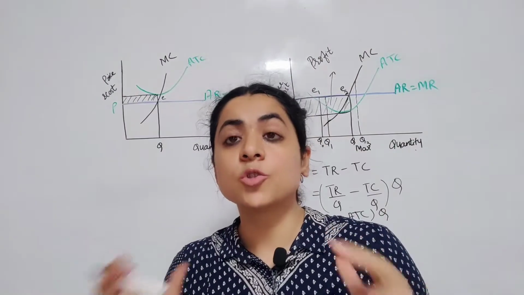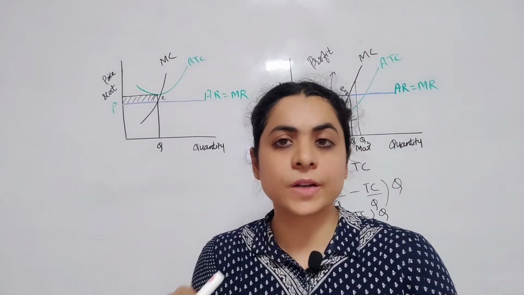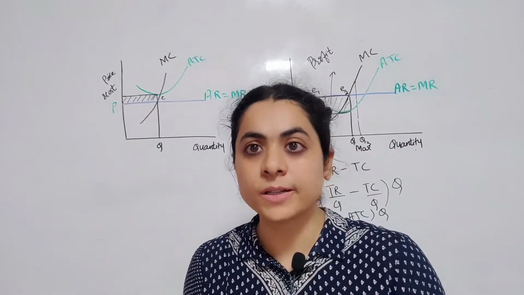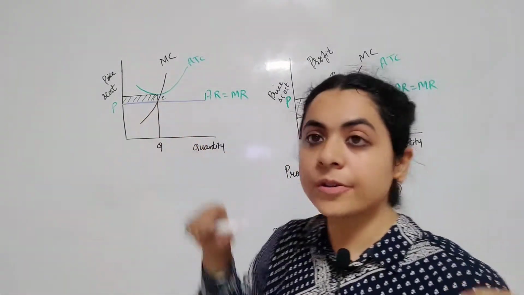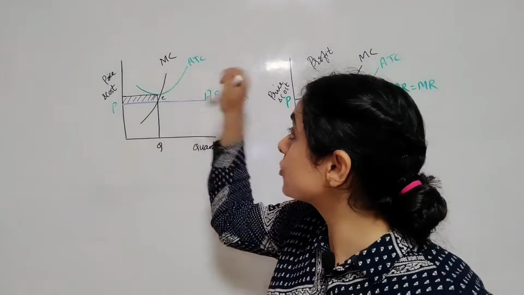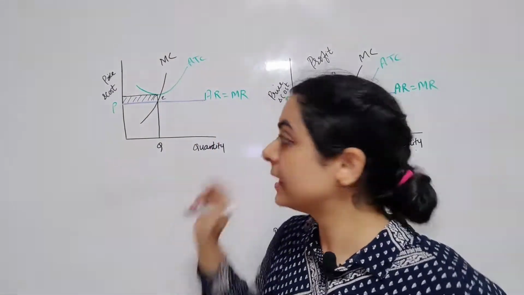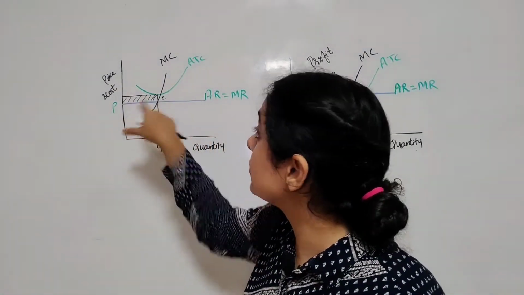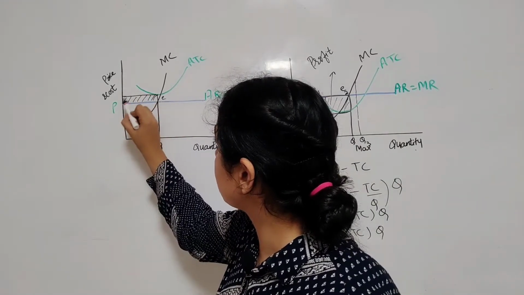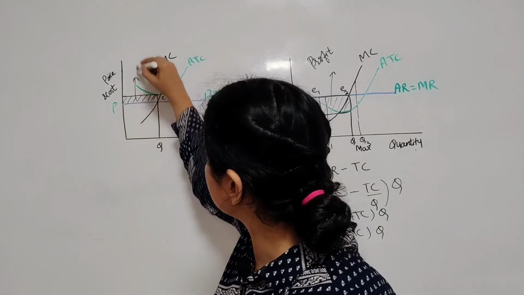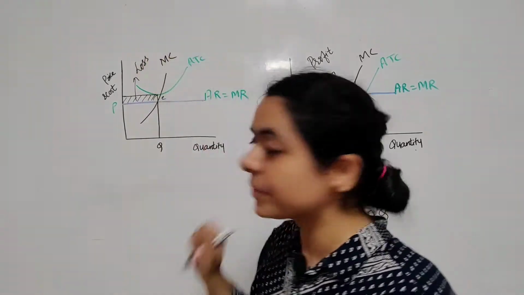The fact that the firm is in short-run equilibrium does not necessarily mean that it is earning excess profits. The firm may incur a loss. Now in this case, the firm is incurring a loss, the reason being the average total cost is greater than the price, and as we can see here, the area of this rectangle represents the loss incurred by this firm.